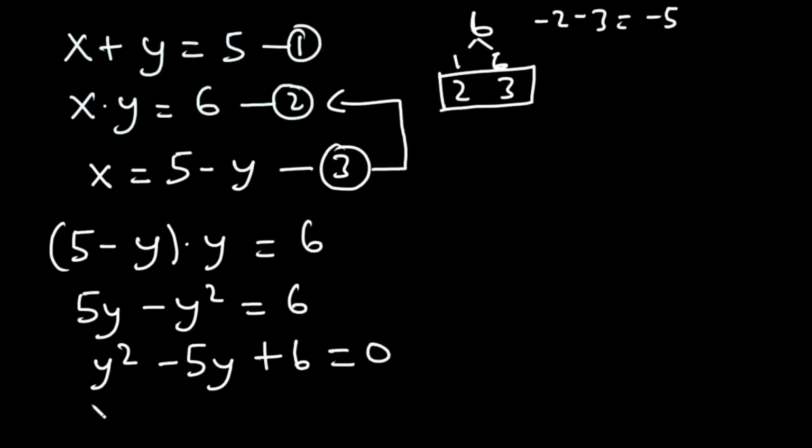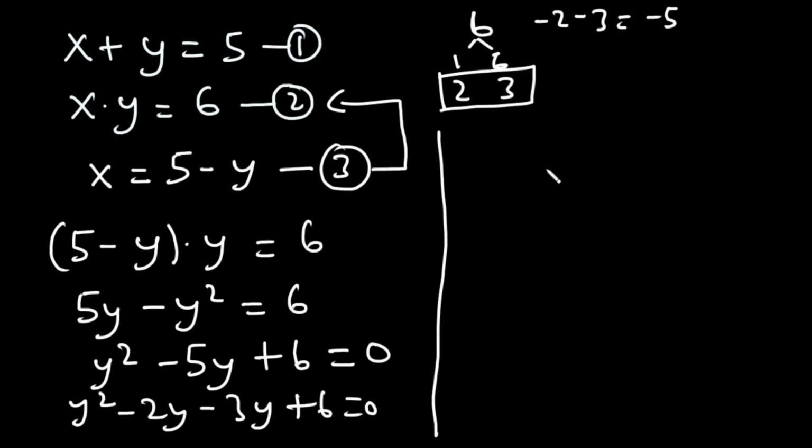So the equation can be expanded to have y squared minus 2y minus 3y plus 6 is equal to 0. The GCF between y squared and negative 2y is y. So we have y on the outside, and then y squared divided by y is y, and then negative 2y divided by y is negative 2.